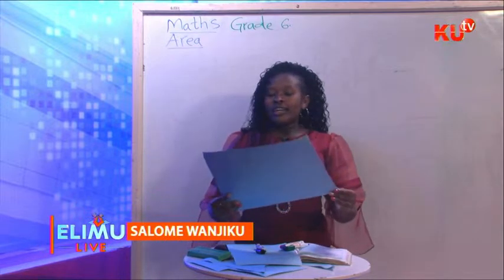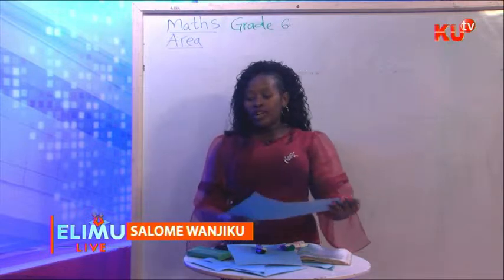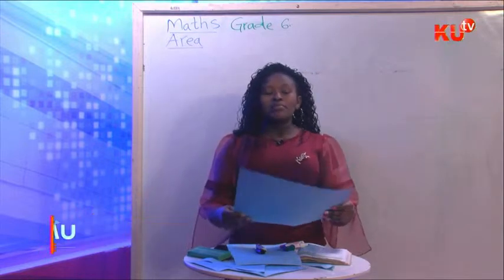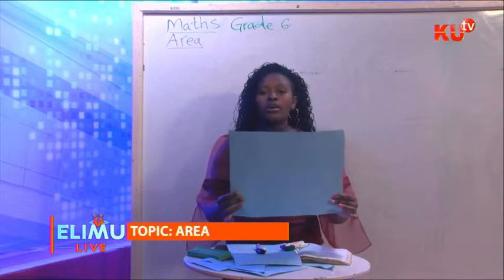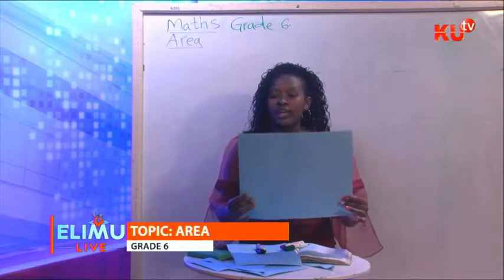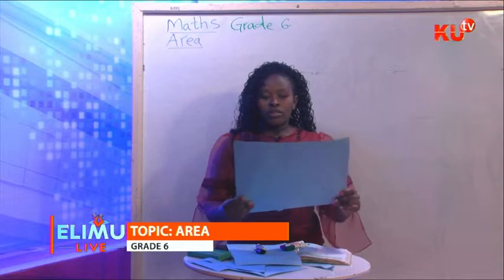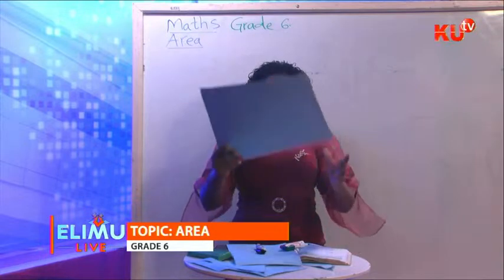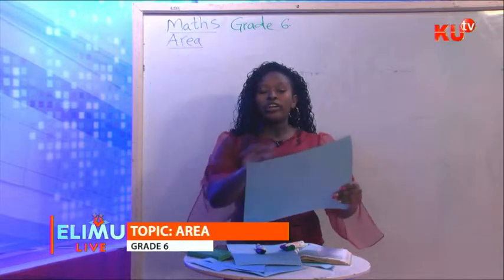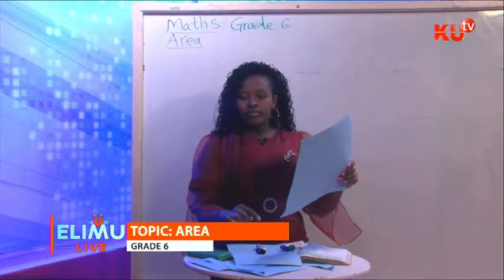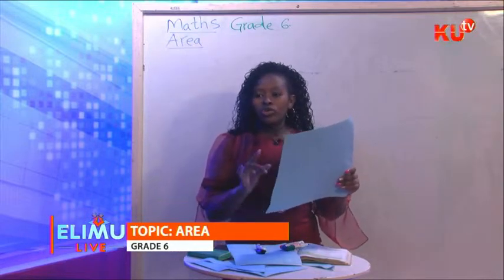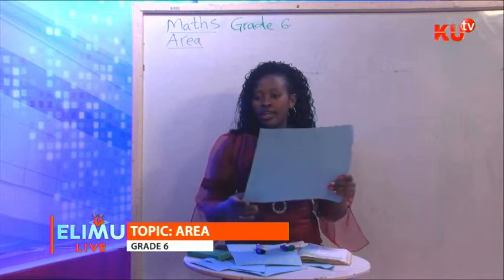So in a rectangle, it is good for you to note that a rectangle is made of two equal right-angled triangles. So if, for instance, I cut this rectangle diagonally, I'm going to get two equal right-angled triangles.